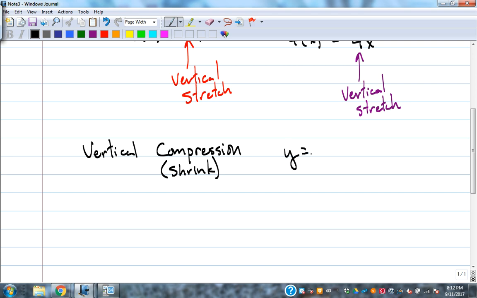The look is exactly the same. You got that parent function or that basic function, absolute value, x squared, cube root of x, that sort of stuff. You got a number multiplied on the front. The difference is that number is between 0 and 1.